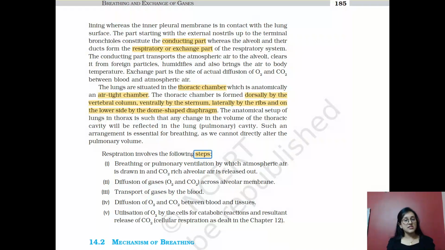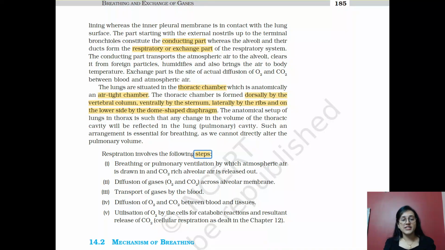The first one is transportation of atmospheric air to the alveoli, to make it clear from the foreign particles, to humidify it, and also maintaining homeostasis of the body, which it does by bringing the air to body temperature. Exchange part is the site of actual diffusion of oxygen and carbon dioxide between blood and atmospheric air.